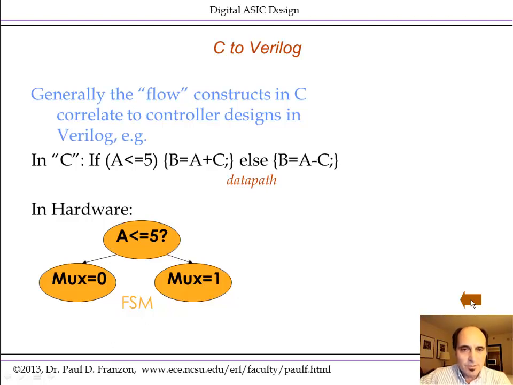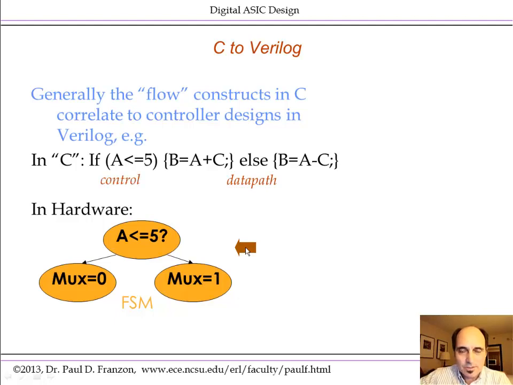So we'll start off with this simple example here. We have this code, an if statement with a couple of selectors. Now, since the if statement in the algorithmic code is specifying a sequence of operations, this really means that you've got a finite state machine producing a control signal defining a sequence.